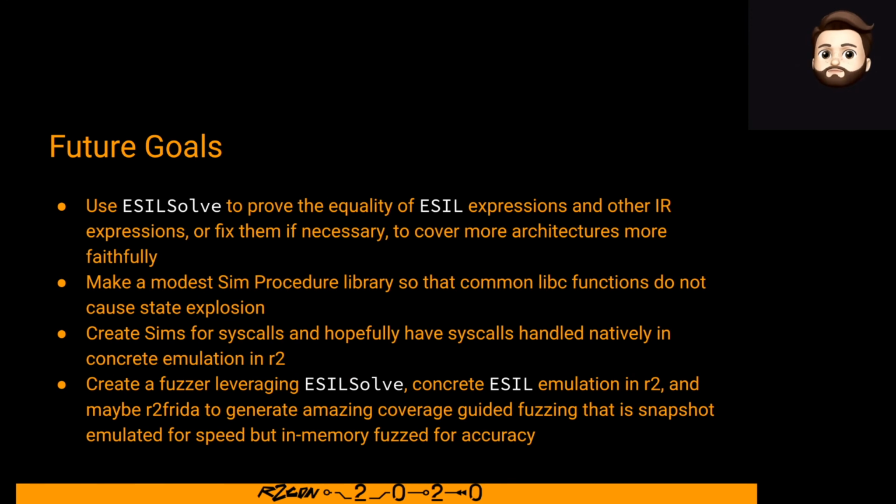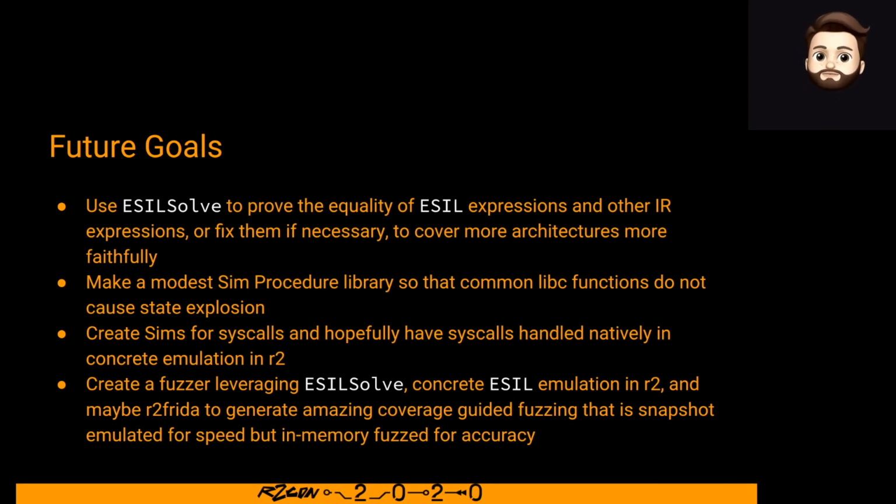So, future goals. I'd like to use ESILsolve to prove the equality of ESIL expressions and other IR expressions, what I was just talking about, and fix them if necessary, or cover more architectures more faithfully. We definitely need to do some work in MIPS and maybe some PowerPC stuff if anybody cares about that. I also want to make a modest procedure library so that we can cover some common libc functions, because running the actual assembly causes state explosion, so we want to avoid that.